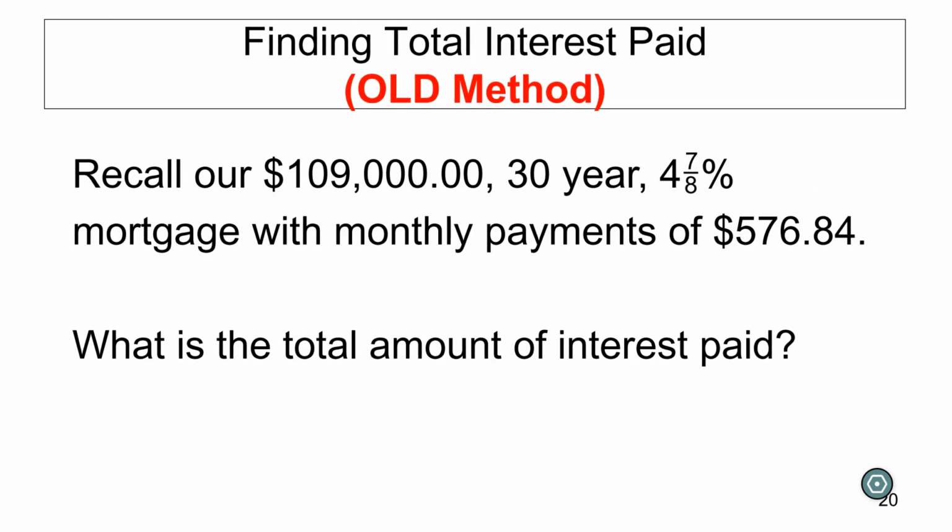Now, remember we have this loan, and it says, what is the total amount of interest paid? Well, this is the old method, which isn't quite as nice as the new method. The old method said we have to take our payment amount and multiply it by the number of years and by 12 payments per year to get the total amount we paid for this loan, which would be $207,662.40.